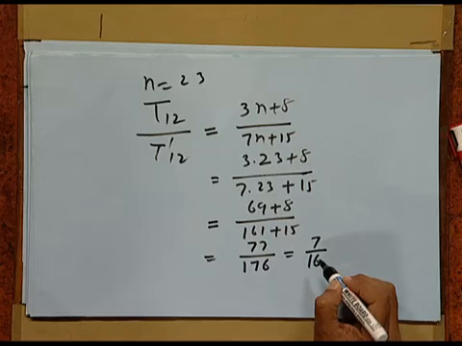Now this is the required answer. So for the given series, the ratio of 12th terms of the two series will be 7:16.